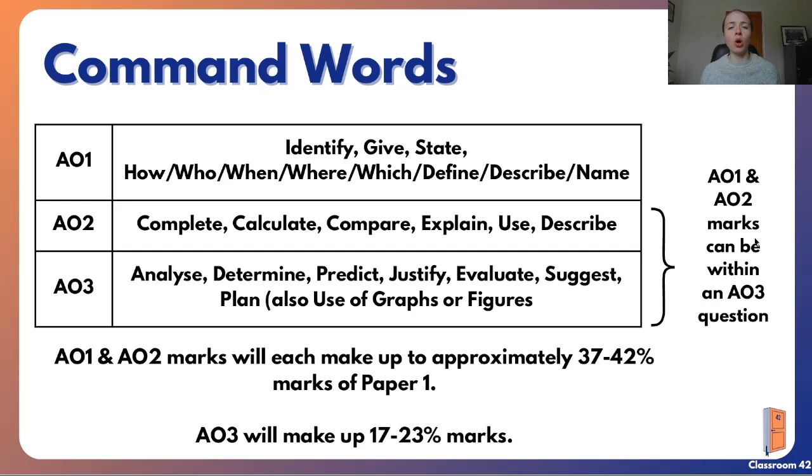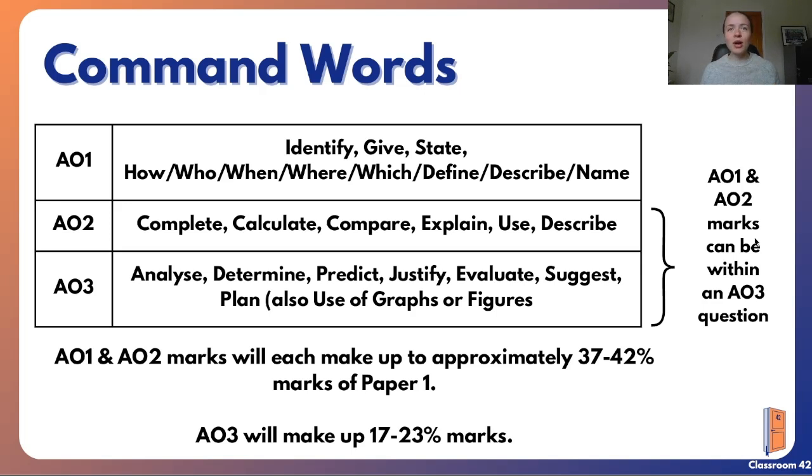So AO1s will often be identifying, give or states, and then also your common command words you've seen throughout your time at school. So how, who, when, where, which, define, describe is often AO1 as well if it's quite a simplistic thing you're talking about, and name as well. So a lot of those mean very similar things and they might be used interchangeably.